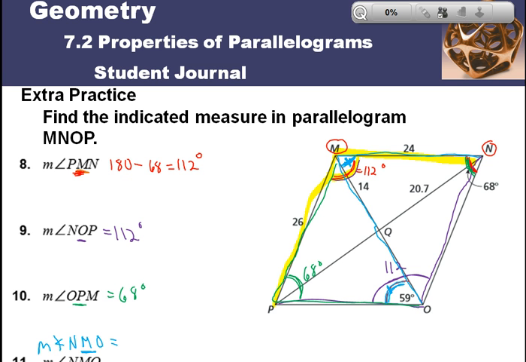So that tells us that this little angle right there is 59 degrees. So this is 59 degrees. Yikes. Having all kinds of cursor troubles. There we go, 59 degrees.